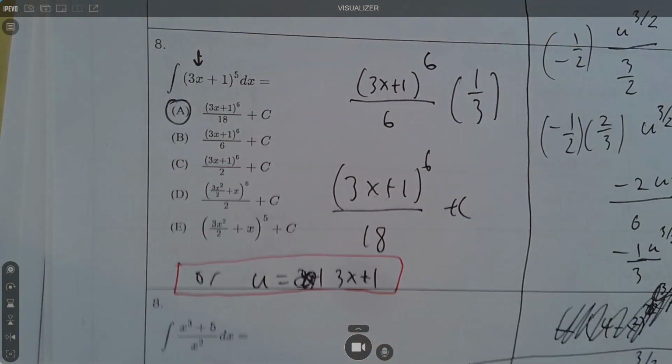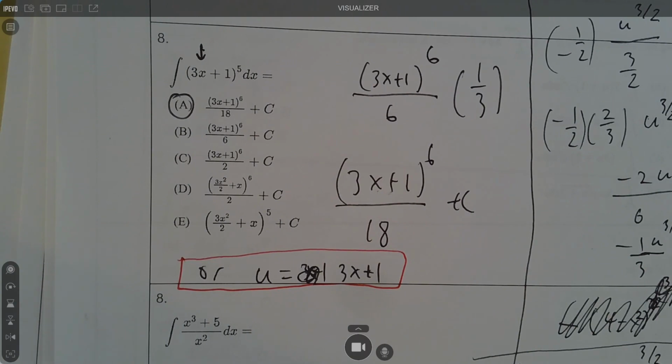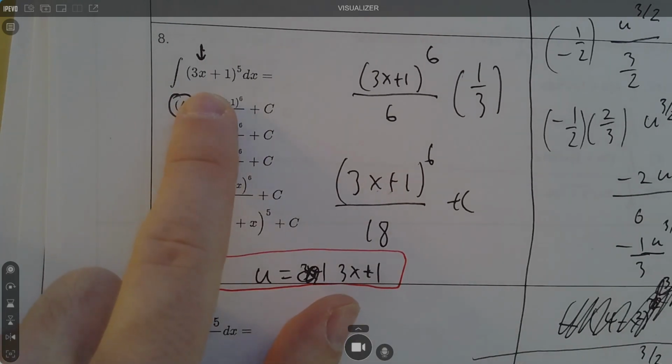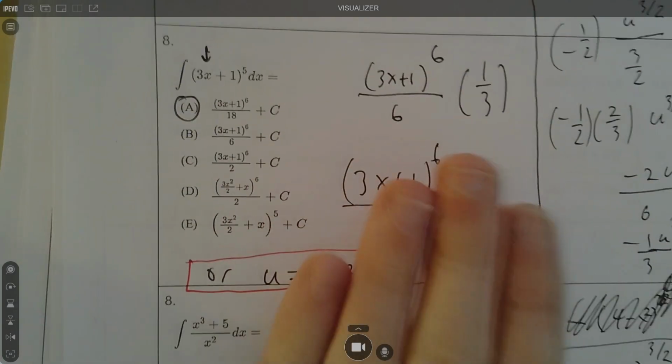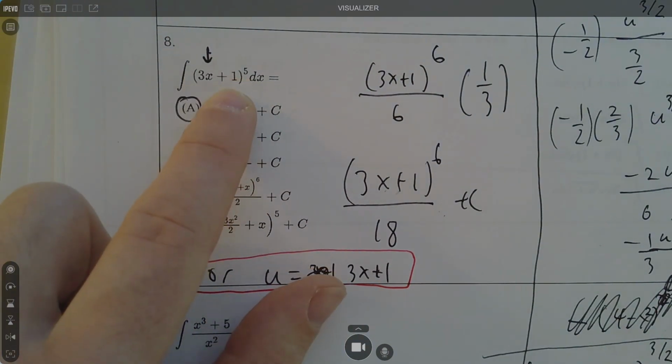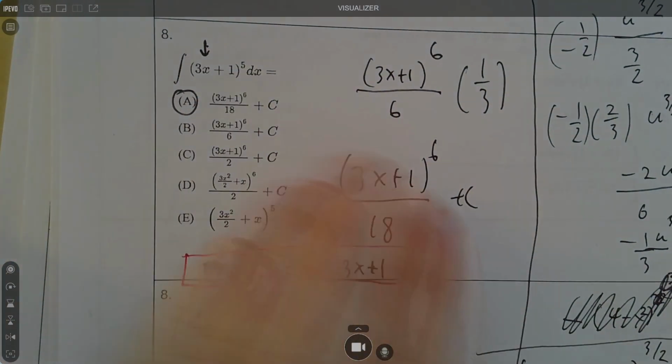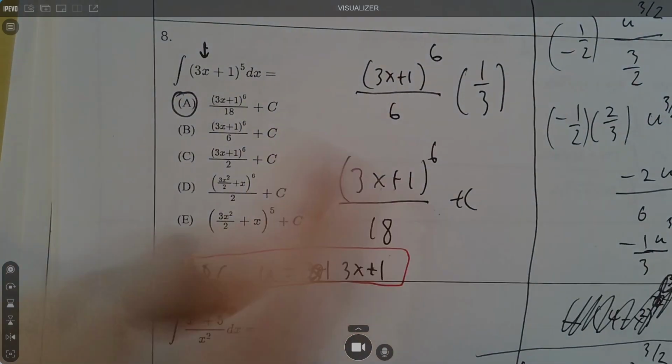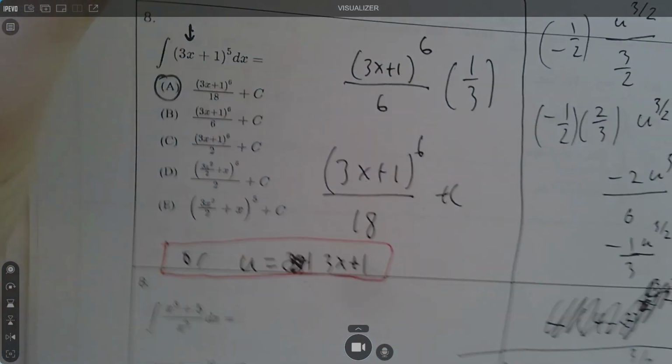Does that make sense? Okay. So again, the key thing, guys, is that once you get your answer for your integral, its derivative is the integrand. When you take the derivative of this, I should always get this. Derivative of this is this. Okay, next one. 8.